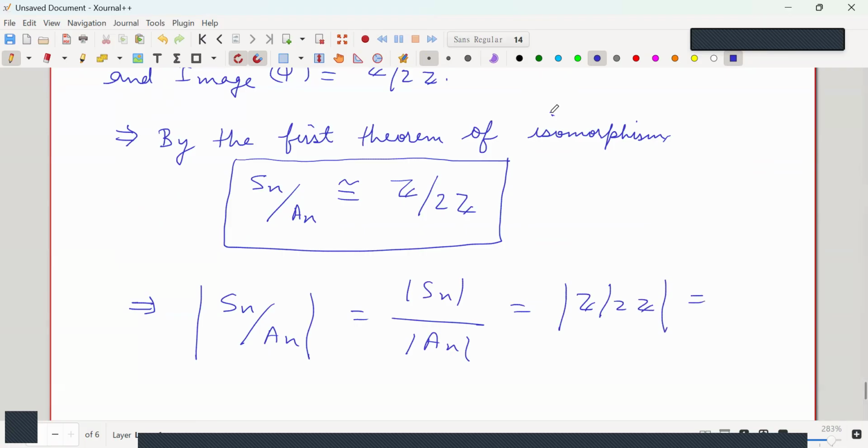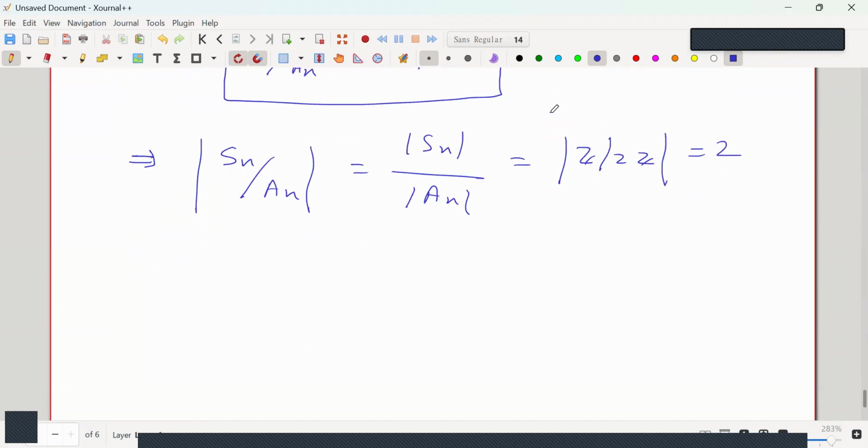And this is 2. And hence, size of Sn divided by 2 is the same as size of An. And this implies the size of An is nothing but n factorial by 2.